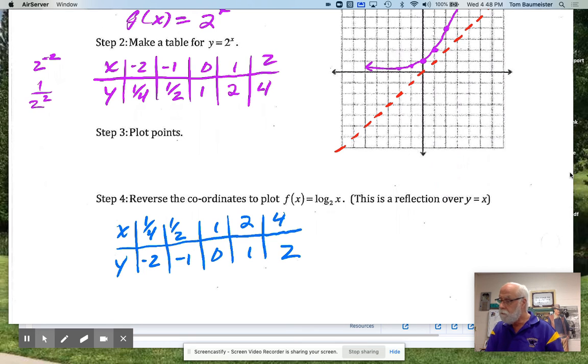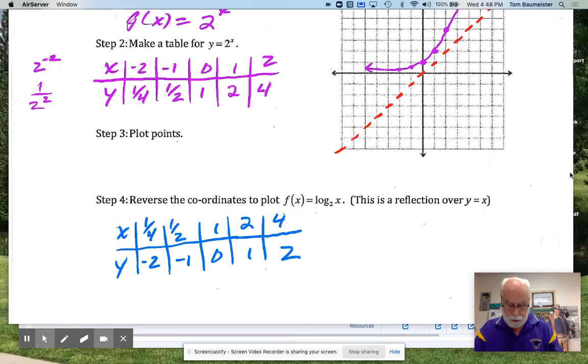So if we think about that one, when x is equal to 4, y is equal to 2. When x is equal to 2, y is equal to 1. When x is equal to 1, y is equal to 0. When x is equal to 1/2, y is equal to -1.